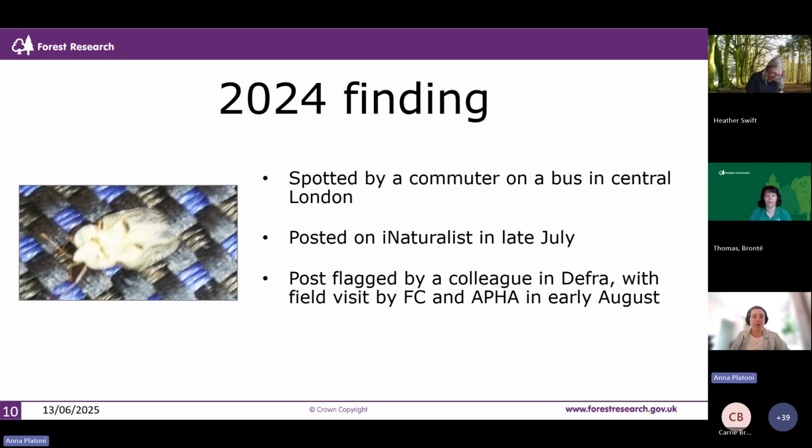FR and AFA followed up in the field. Although we just had this picture to go on, we knew the bus route, so we started to follow it to see what we could find, and lo and behold, we found roughly 40 street and parkland trees infested with PLB.